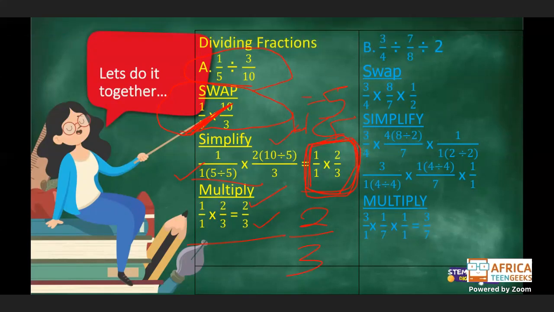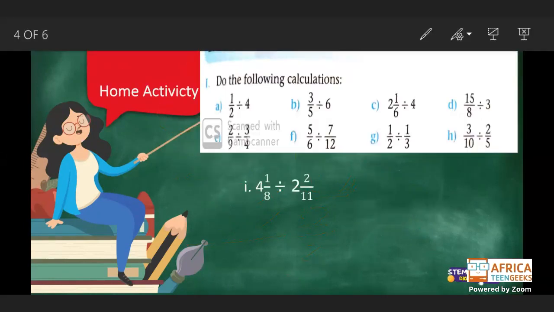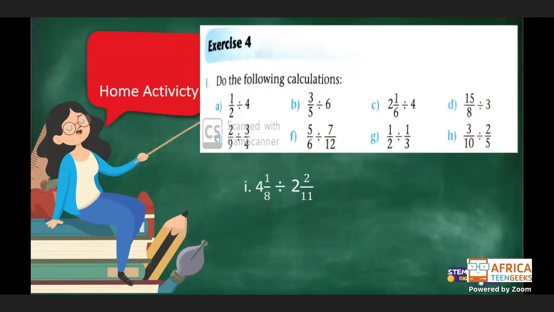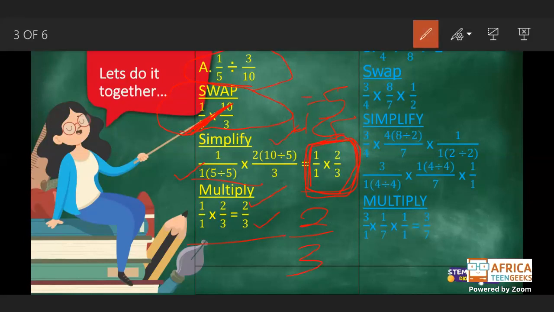So for our next example, number B, colored in blue. We have 3/4 divided by 7/8 divided by 2. When we have 2 just like that, you remember it means 2/1.